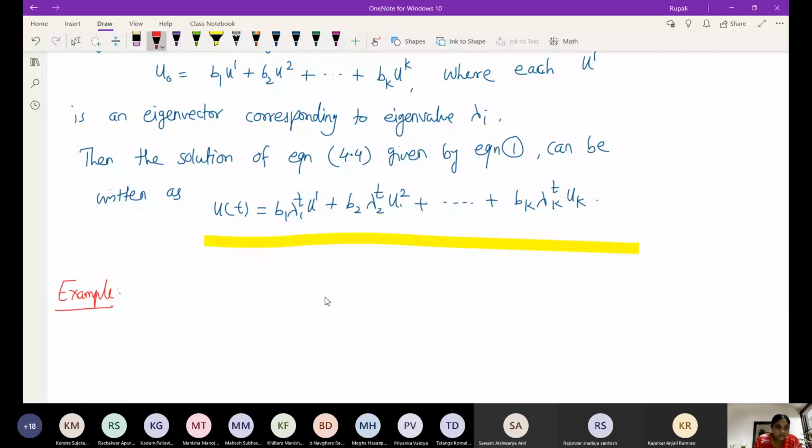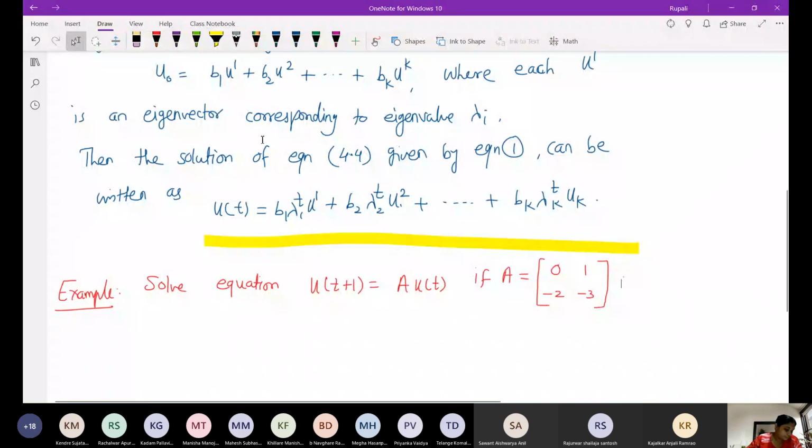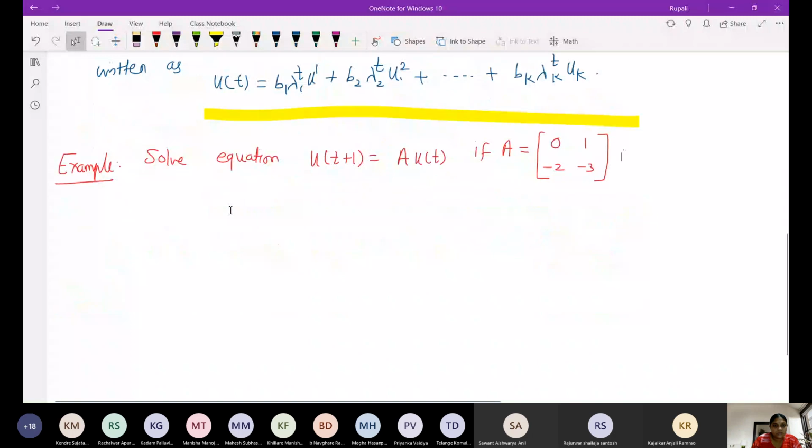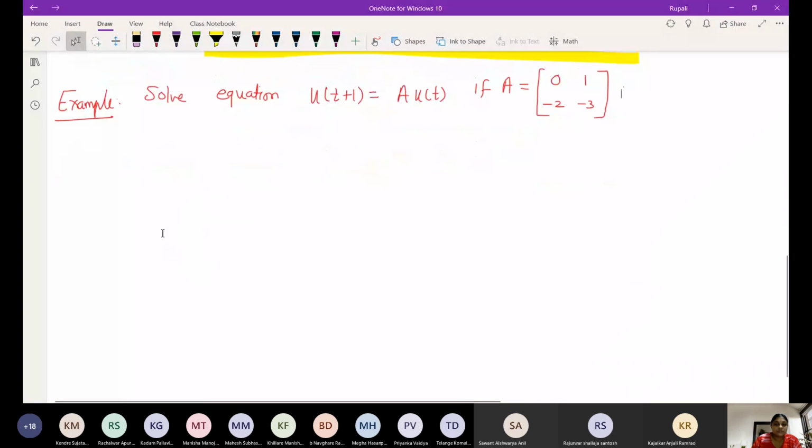So we will see an example. Solve the equation u at t plus 1 is equal to A times u at t, if A is equal to [0, 1; -2, -3].